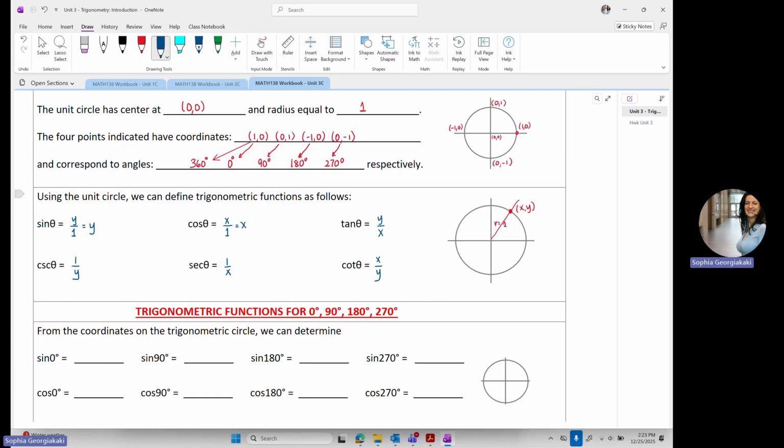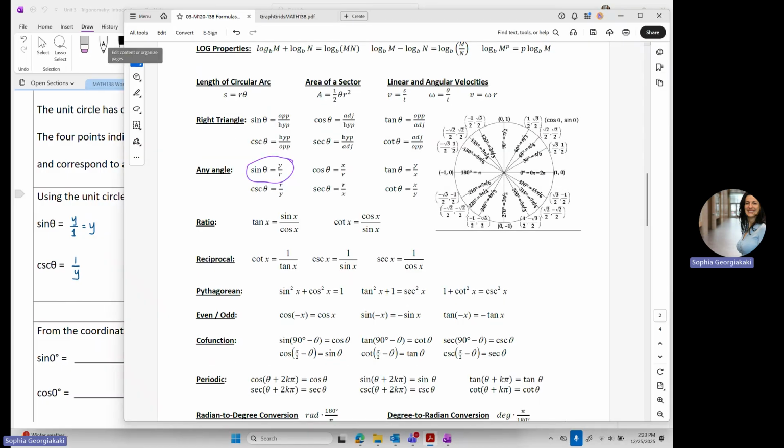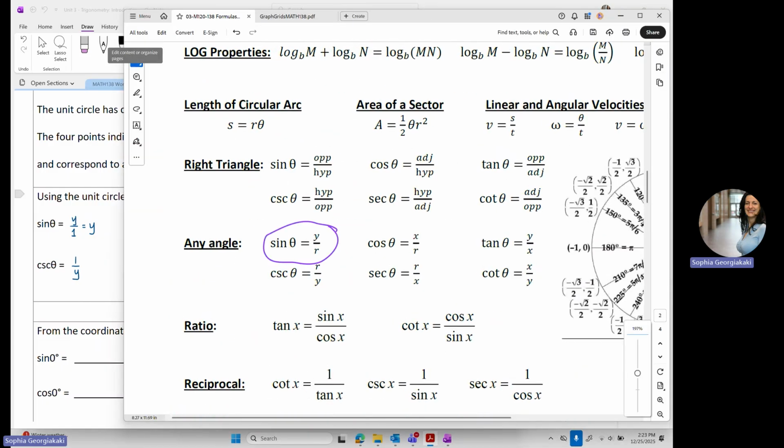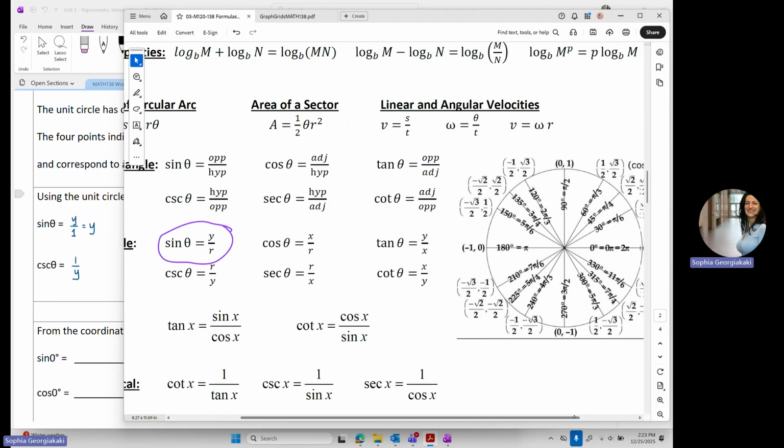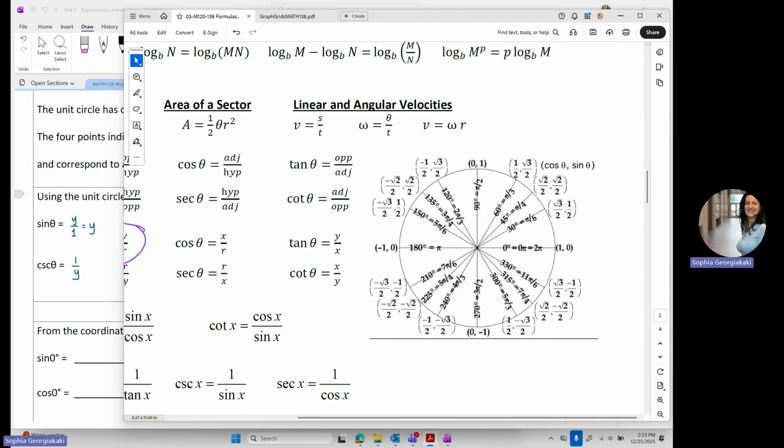And you see again in our formula packet, when we have the circle, that this is exactly what is happening here. We have points on the circle, and these points on the circle have 2 coordinates, a horizontal coordinate and a vertical coordinate. And the first coordinate x is the cosine, and the second coordinate y is the sine.